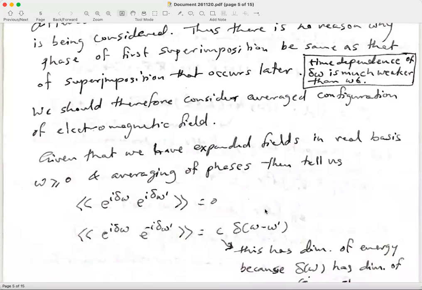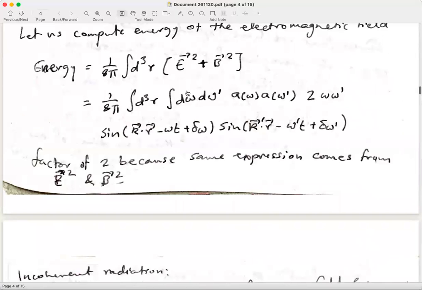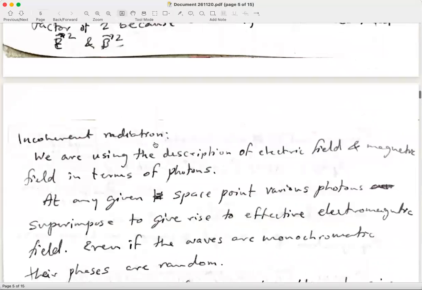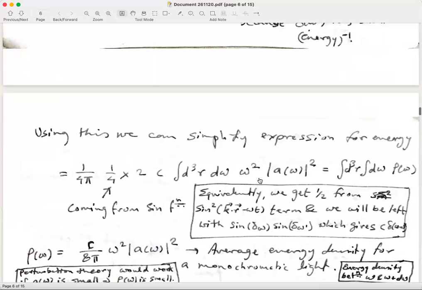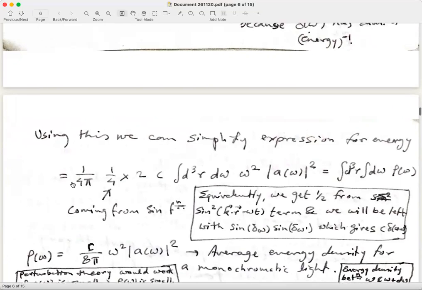This delta function can be integrated. You can get rid of one of the omegas, and that would set omega prime equal to omega. So you get mod a omega squared times omega squared with a factor of 2 sitting outside, and then you have various other terms.